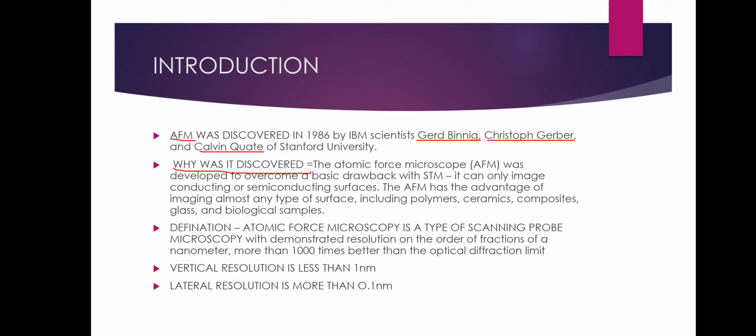The scanning tunneling microscope can only image conducting or semiconducting surfaces, whereas the AFM has the advantage of imaging almost any type of surface, including polymers, ceramics, composites, glass and biological samples.